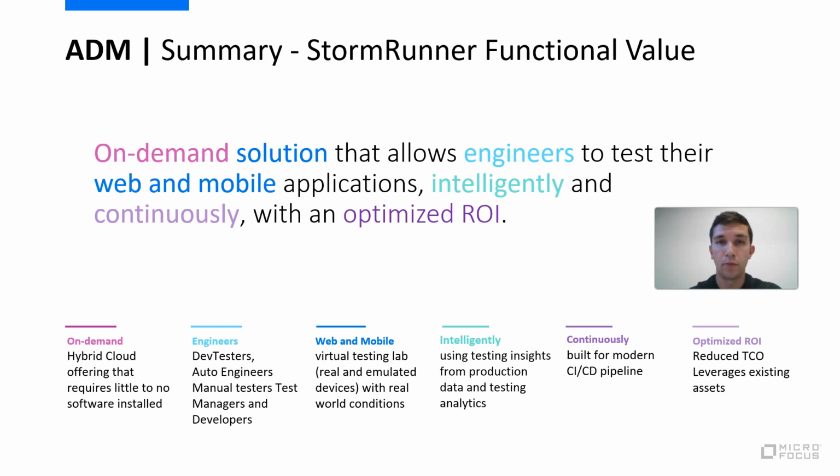It's designed for multiple personas, technical and non-technical alike, and it's designed to take the challenges that come with maintaining an on-prem lab and pass that off to somebody else to have readily available for you to use, so you don't have to worry about it anymore. You can leverage that existing budget that you used for an on-prem lab for a cloud solution, so you can spend more time focusing your resources on test execution, test script creation, and building those out as opposed to maintaining your lab.